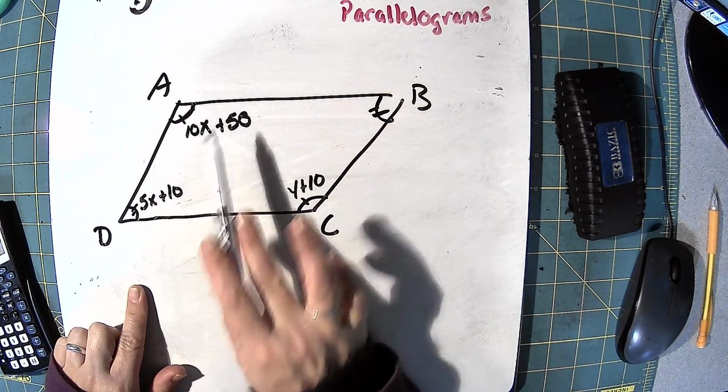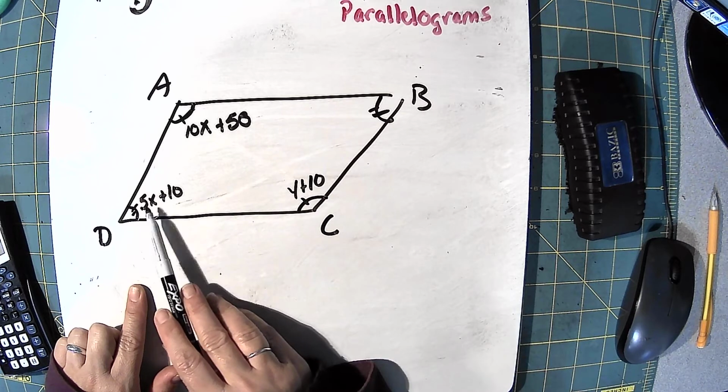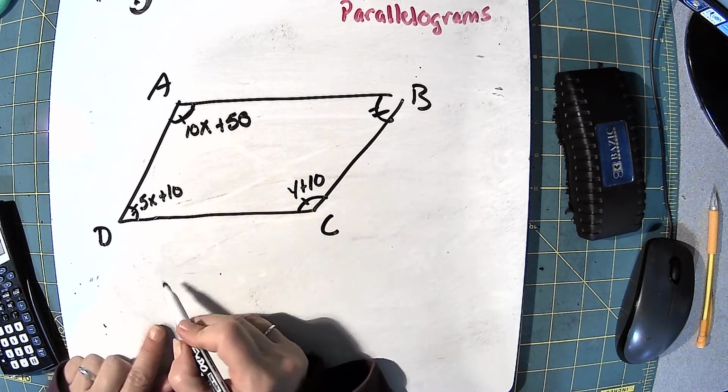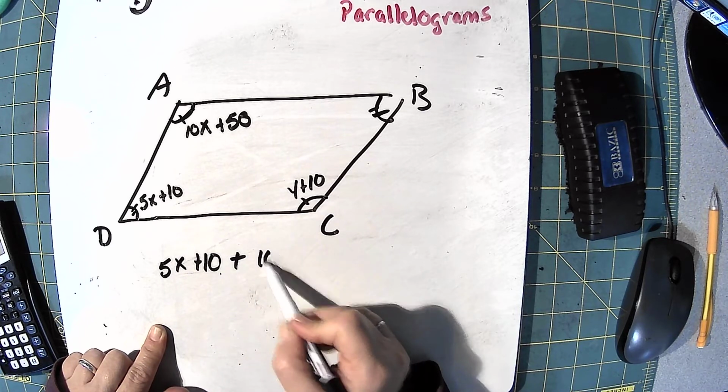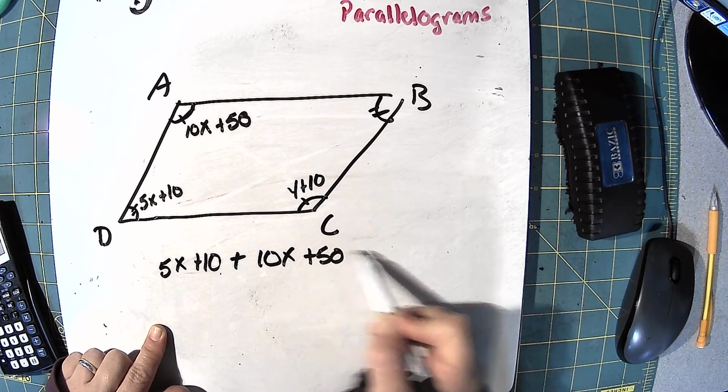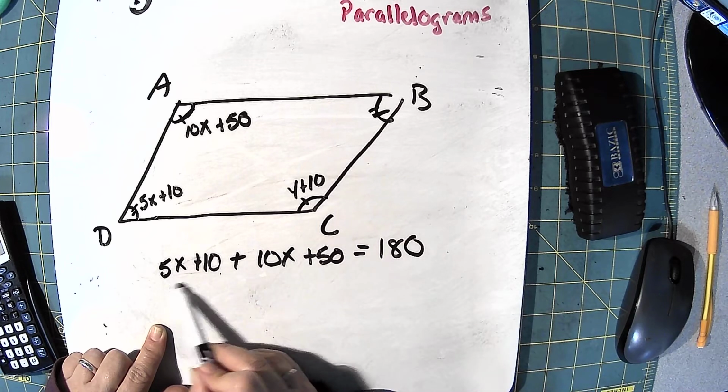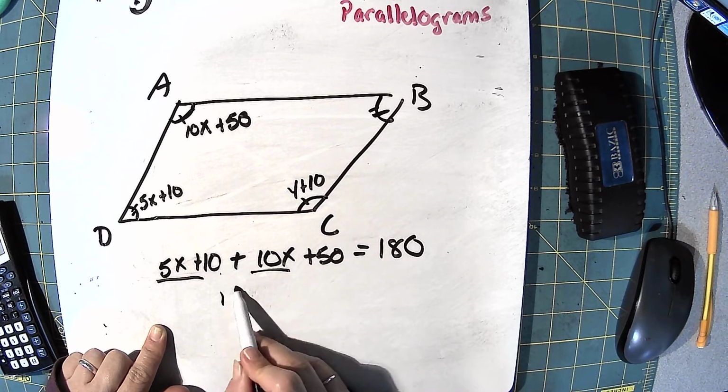All right, so I'm going to do the ones that both have x in them first. And I'm going to say this plus this equals 180. So 5x plus 10 plus 10x plus 50 equals 180. And then I've got to put my x's together. So that'd be 15x.